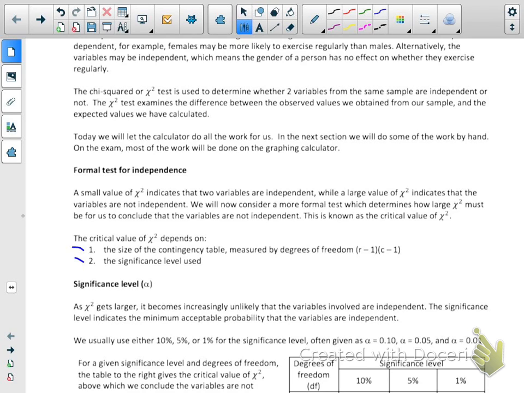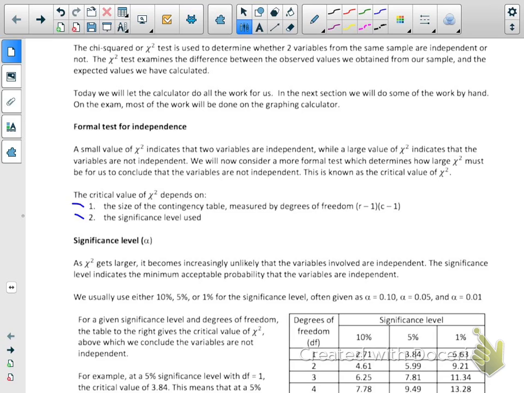This is kind of how sure you need to be about this hypothesis. So that significance level is the Greek letter alpha. That's what we're going to talk about here next. As the chi-square gets larger, it becomes increasingly unlikely that the variables involved are independent.